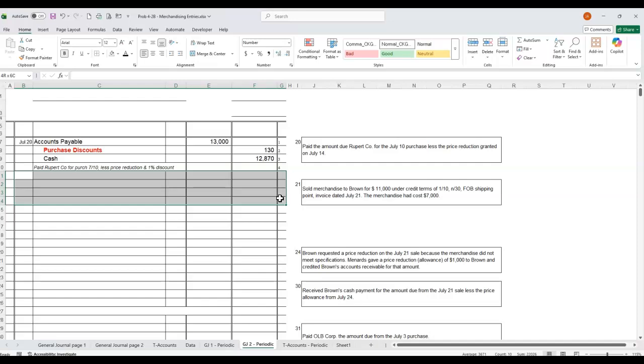All right, we sold merchandise to Brown for $11,000 under credit terms of 1/10, n/30, and I'm just going to go ahead and highlight the whole thing. The first entry is the same as it would be under the perpetual method. We're going to debit accounts receivable Brown and credit sales revenue for $11,000.